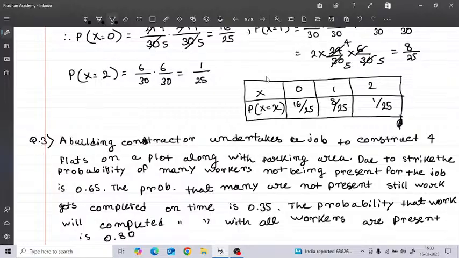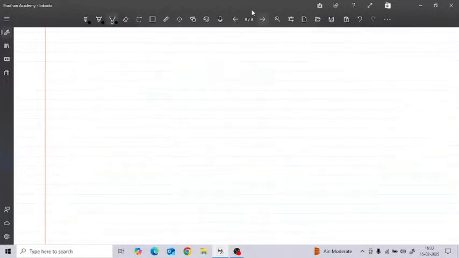So here we are given three probabilities: that due to strike the workers not being present for the job is 0.65, and two other probabilities: the probability that many workers are not present still work is completed on time is 0.35, and the second one is the probability that work is completed on time with all workers present, that is 0.80. Now let's move to the second part.